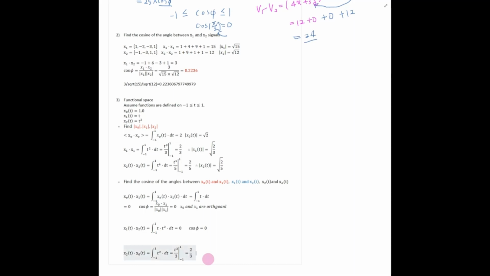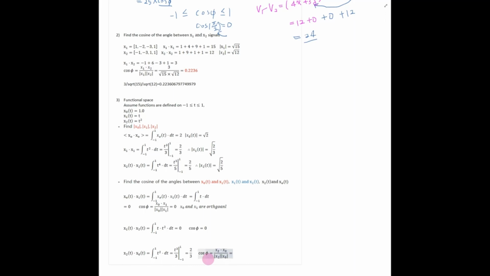Then we know that the cosine of the angle is defined by the x2 dot product x0 divided by the x2 magnitude times the x0 magnitude.